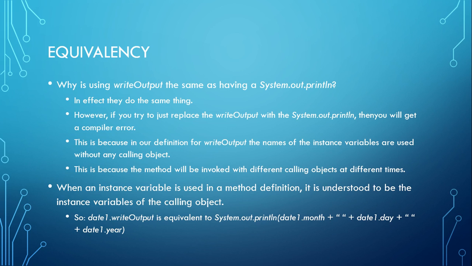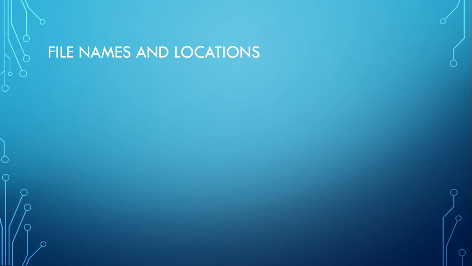Yes, I had to make a writeOutput method that did month plus day plus year, but now, rather than putting out that whole System.out.println each time for date1, date2, and let's say if I had date3 and date4, I can just do date1.writeOutput. I'm done. Or date2.writeOutput, and I'm done. So there are some advantages to using classes besides just the fact that this is a different approach. It also is a little bit more efficient.